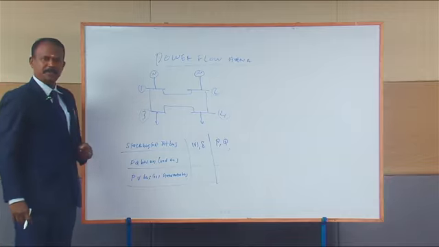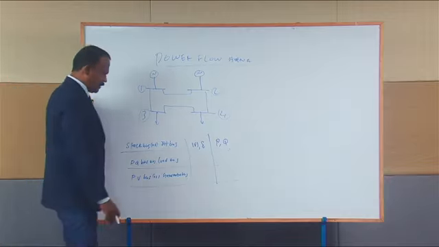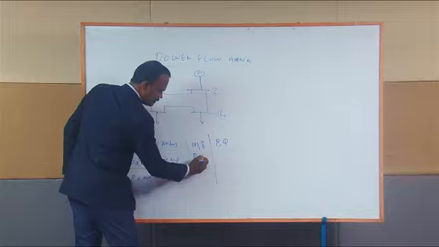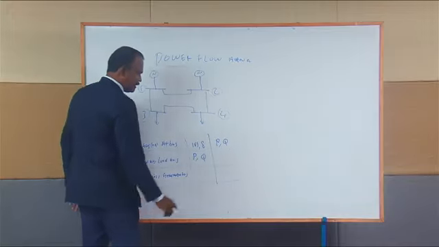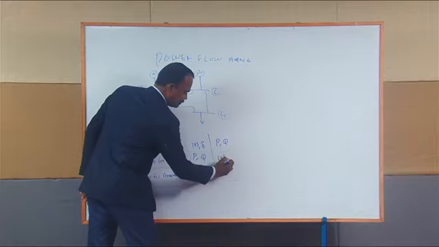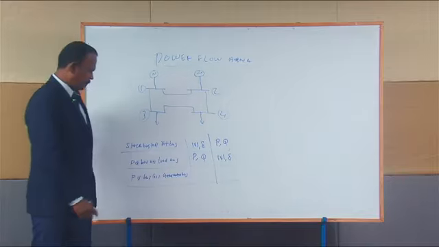Similarly, for the PQ bus or load bus, I know the real power P and the reactive power Q. I am supposed to find the voltage magnitude and the voltage angle delta.